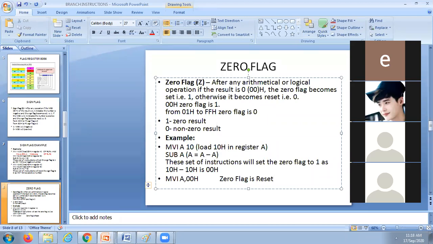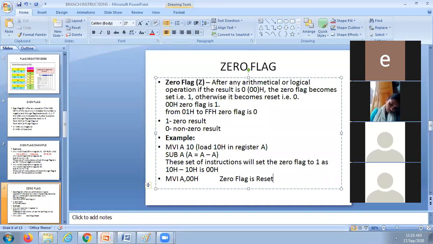Only 4. Move instruction is only a data transfer instruction. They are not arithmetic instructions. Move instructions are data transfer instructions: MOV, MVI, all these things.